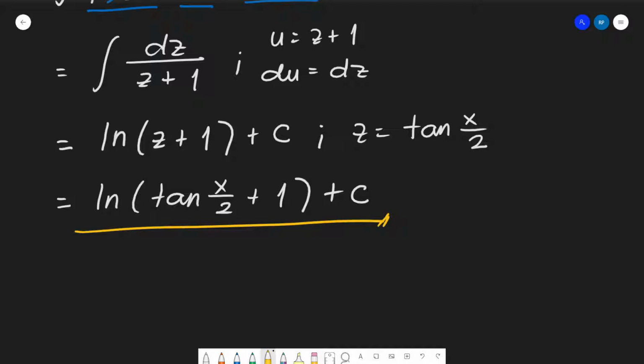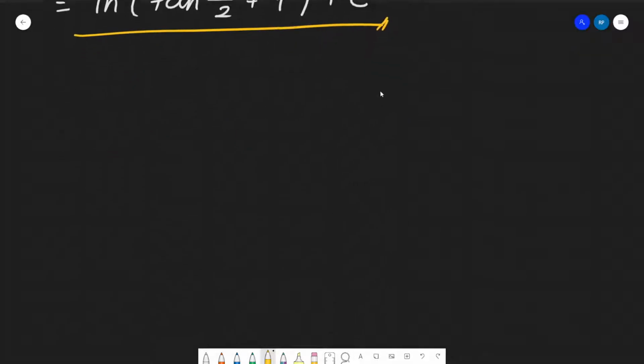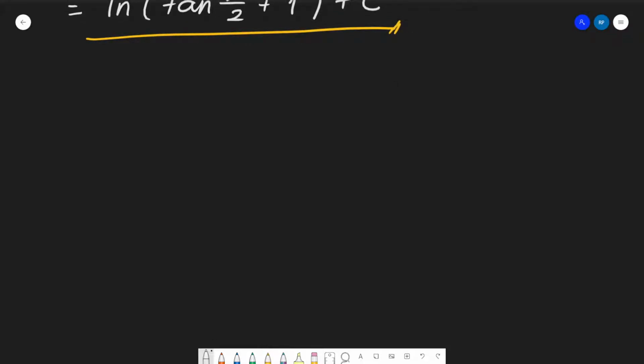Okay? So, I hope the substitutions and the manipulations we did for example number 1 are clear. Let's proceed to example number 2.